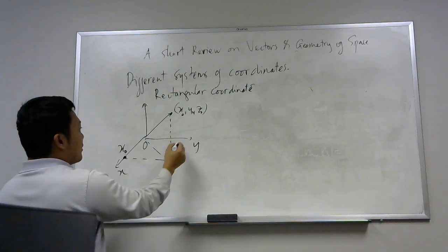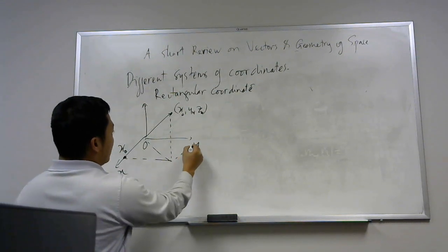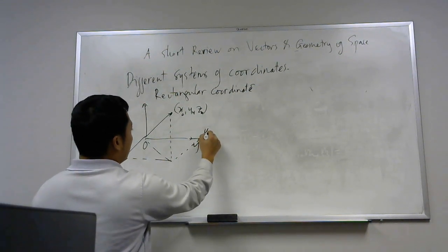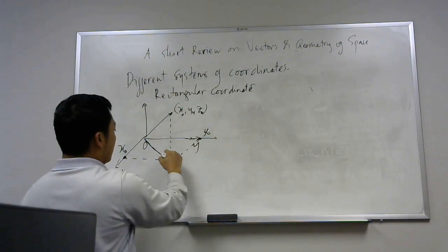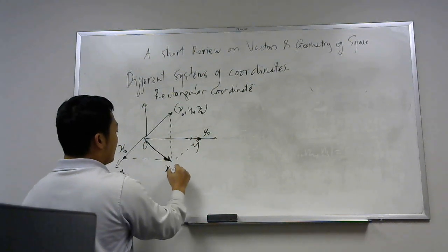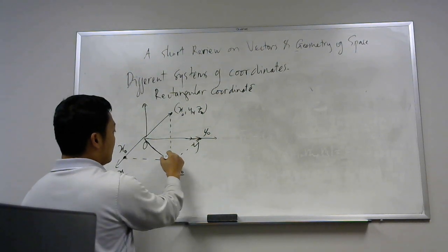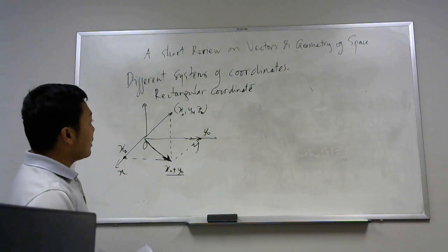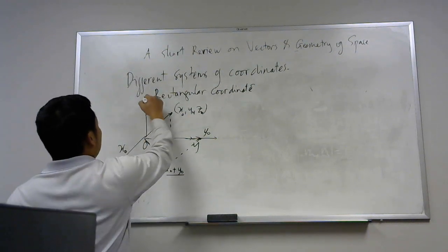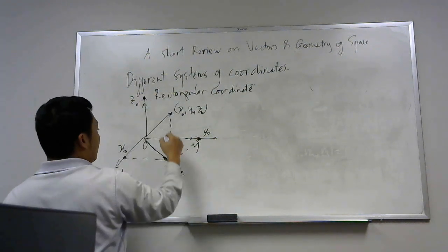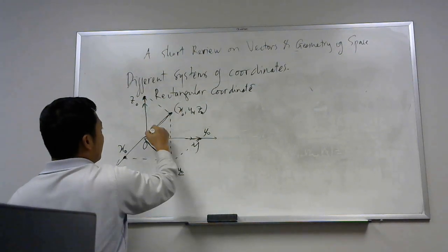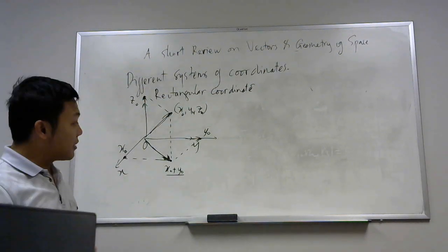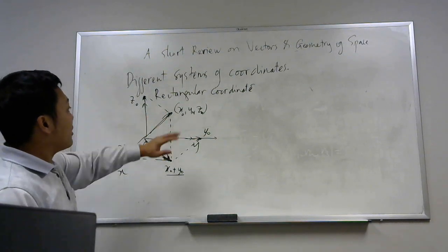If this is x0 and this is y0, then I can find this vector, x0 plus y0. Once you have z0 here, you can add this vector with z0 and you get exactly this vector. Make sense? So this is the rectangular coordinate.